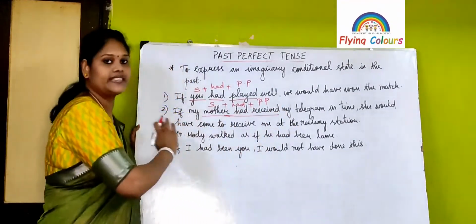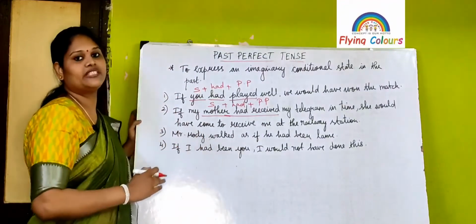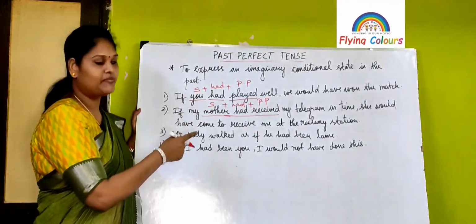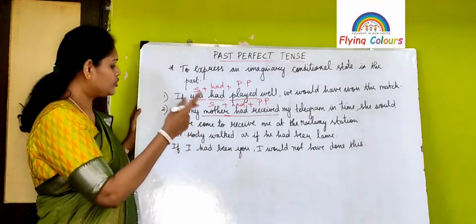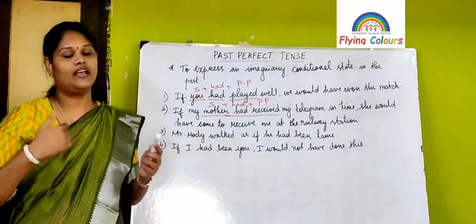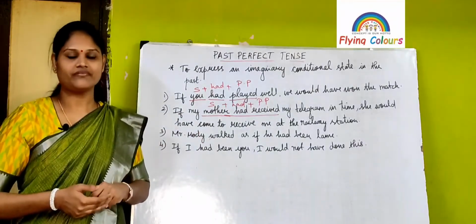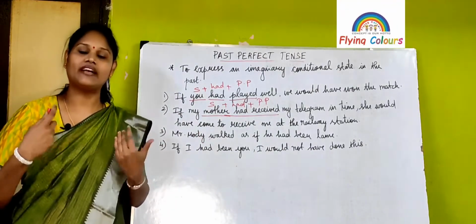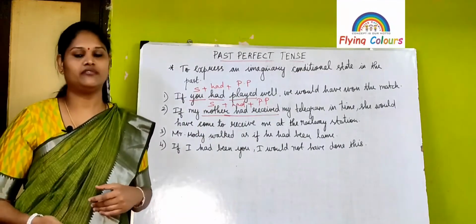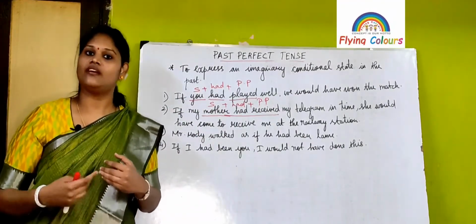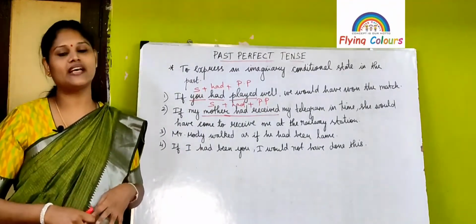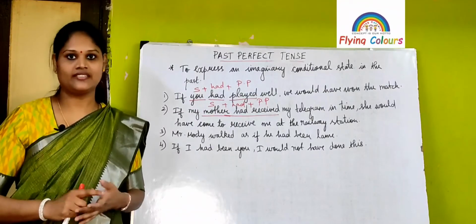So, in this sentence, mother had received is the past perfect tense. If my mother had received my telegram in time, she would have come to receive me at the railway station. It is the imaginary one. Okay. So, if you see any sentence which is imaginary, which is not real, you can come to a judgment that that sentence is a past perfect tense, right?